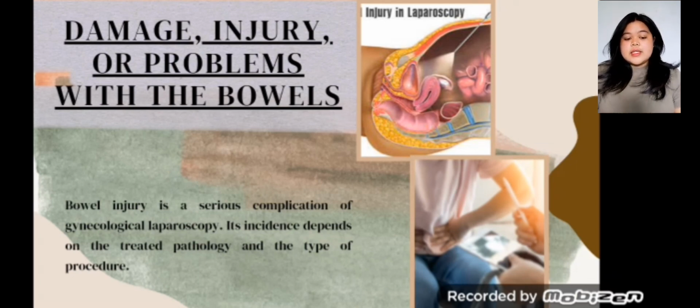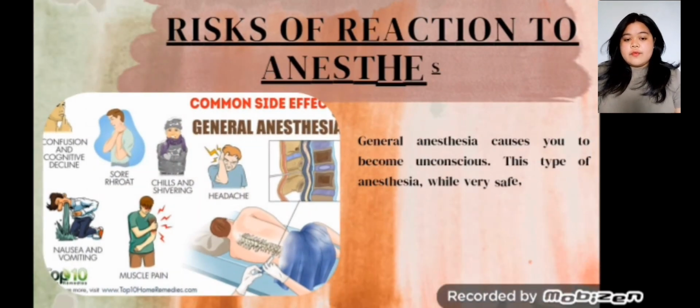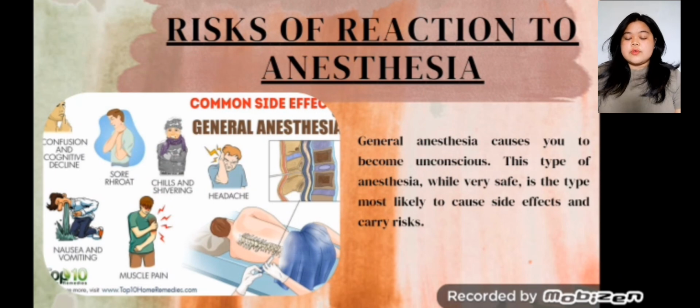And lastly is the risk of reaction to the anesthesia. General anesthesia causes you to become unconscious. It is injected into the person when the person is having surgery, so the person would not feel pain or the process that is being done.